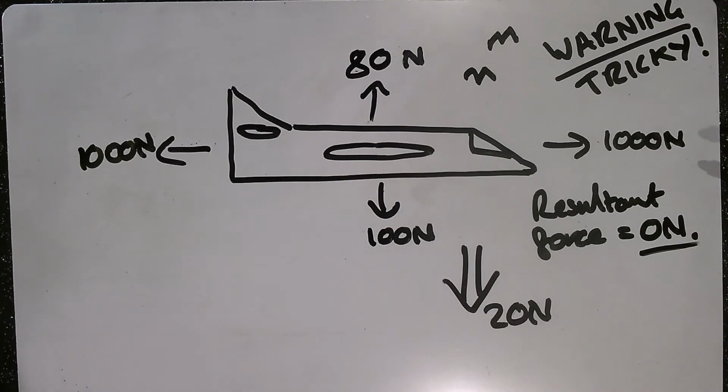And whenever they say describe the motion, they are looking for the words speeds up, slows down, and then for stays the same, you have to go with stationary or constant speed, depending on the situation. So I'll just draw out a couple of examples for you to have a go at. Pause the video, find the resultant force, then see if you can describe the motion. So I'll just draw those now.